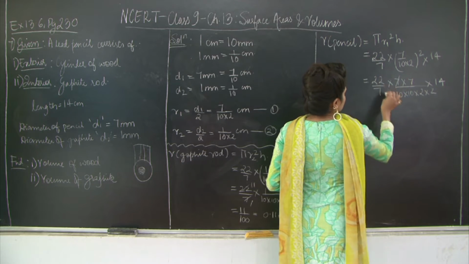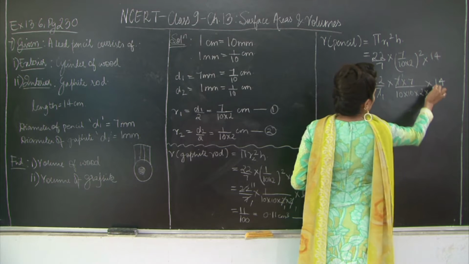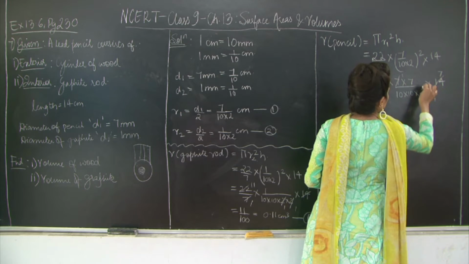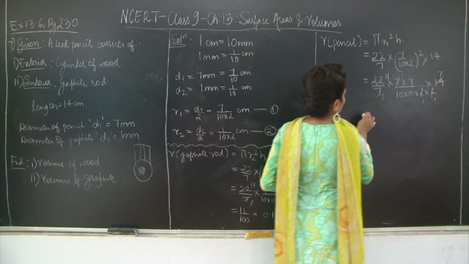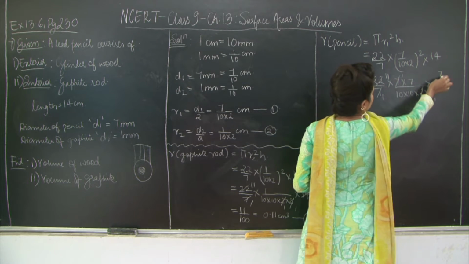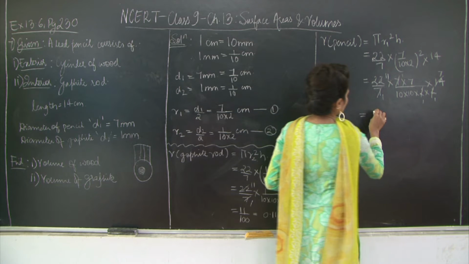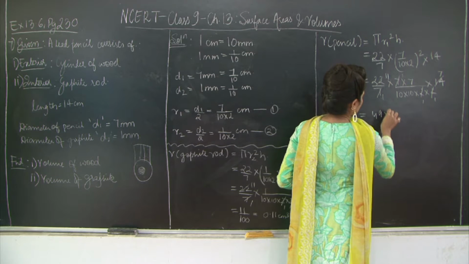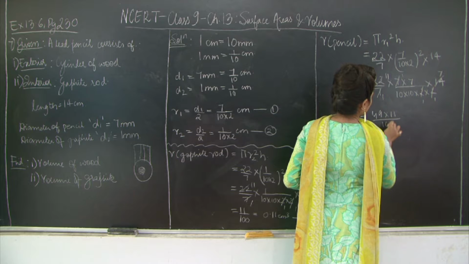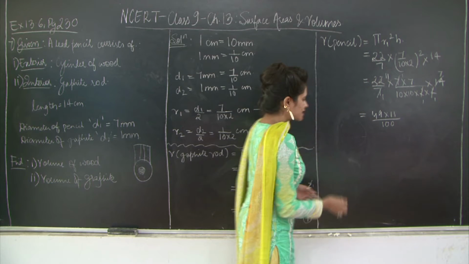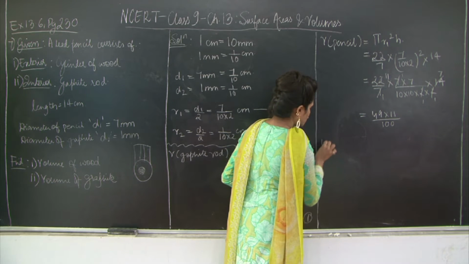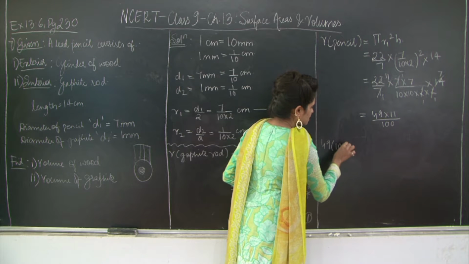So 7 ones are 7, 2 ones are 2, 7 twos are 14, 2 11s are 22. So this is 7 sevens are 49, 49 into 11 upon 100. So 49 into 11, let's calculate it quickly. It can be written as 49 into 10 plus 1.